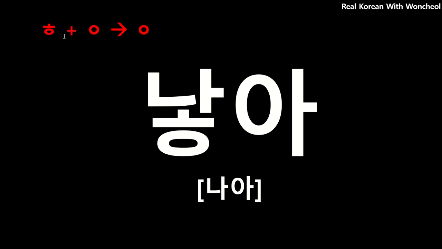히읗 consonant plus 이응, which is no sound. Then you just get 이응. So for example, here you have H sound, 히읗 consonant, and then no sound consonant here. Then if you put them together, 나, then it's pronounced. So this H sound disappears, and then you just have this no sound consonant left here. 나. It's not a.